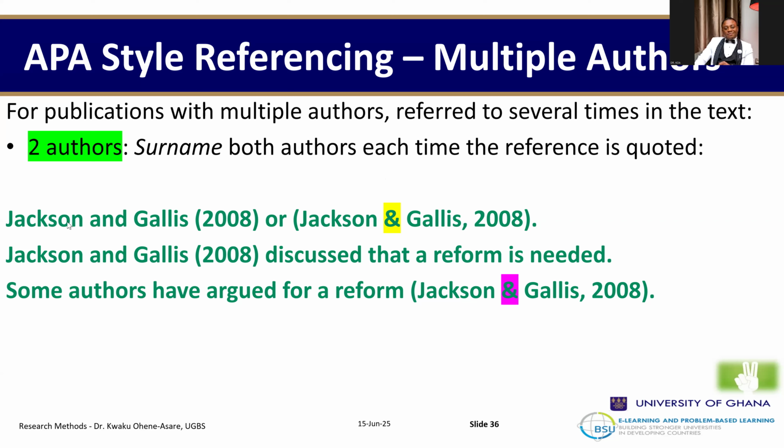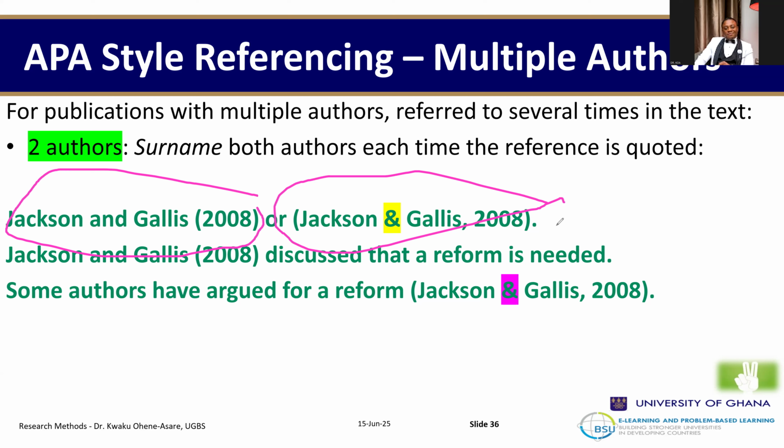So you can use Jackson and Gallis with the word "and," or you can use Jackson & Gallis with the symbol "&." Now, what is the difference between the first one here and the second one here, apart from the symbol? You can tell me. What is the difference between this one and that one, apart from the "and," which I've spoken about? What is the difference?